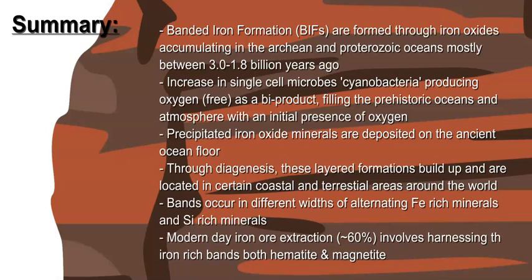They were formed through ancient ocean chemical reactions on the ocean floor, as oxygen combined with iron and created this large amount of deposited iron-rich sedimentary rock that we now use today as iron ore. It happened at a certain time in geologic history, and it's unique and shows a lot of the changes that happened in that time, based on how these iron-rich rocks are formed and where they occur.